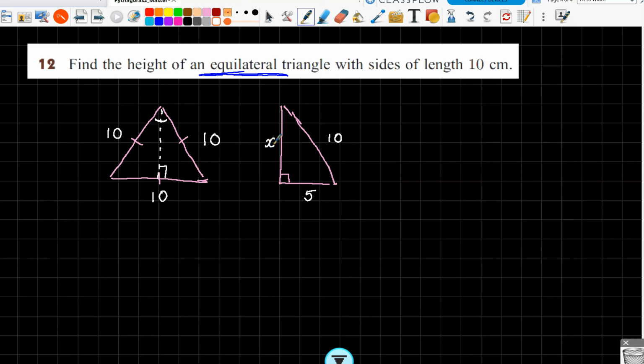Now, I'm tempted to put H for height, but why didn't I? Yeah, and what do you think if I put H there? What might some people who aren't up with Pythagoras say? What do you think H might stand for? Hypotenuse.